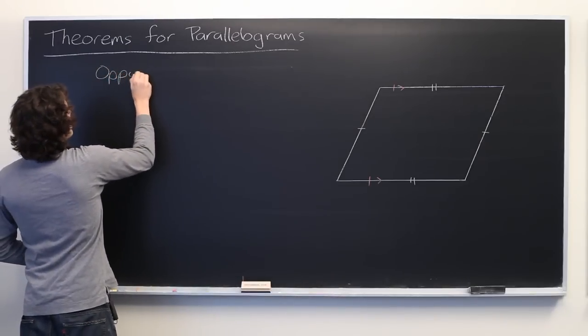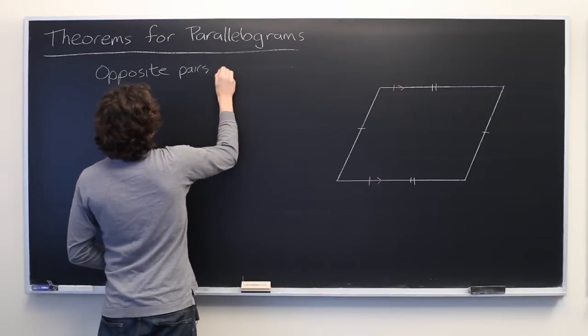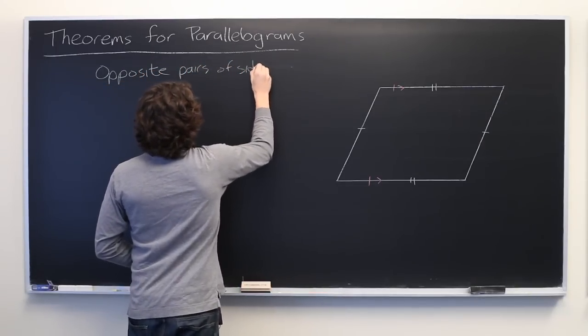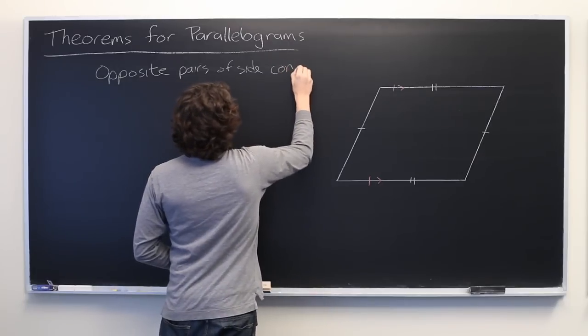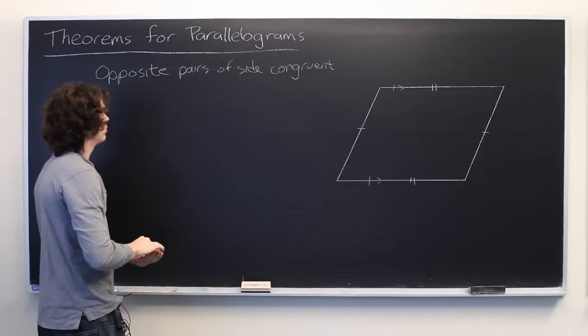So we have opposite pairs of sides are congruent. That's enough information.